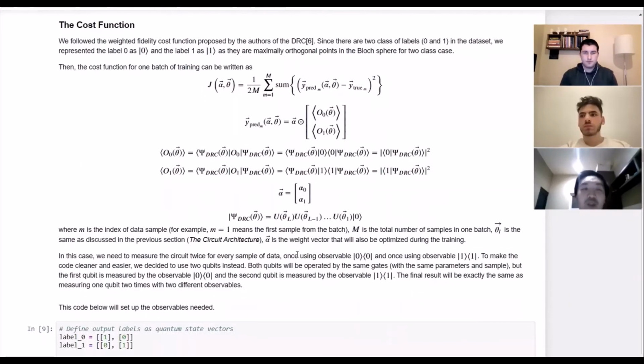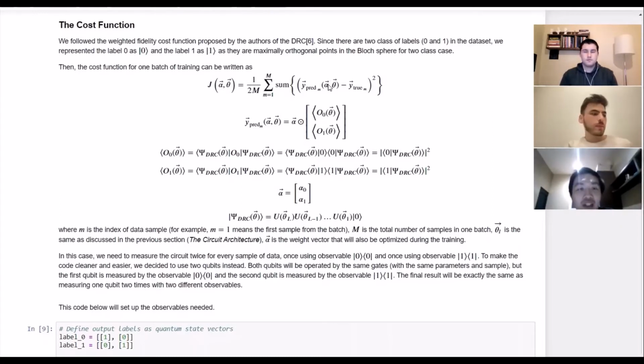And then the cost function that we want to minimize is inspired by the original paper of DRC. In the original paper, the authors proposed the weighted fidelity cost function, which is this equation here.